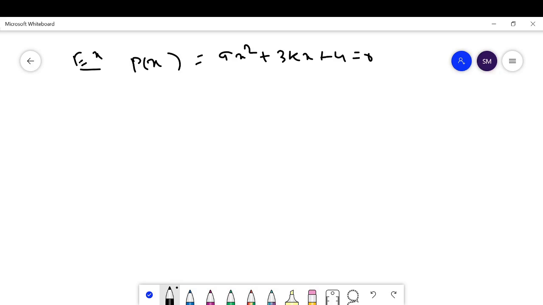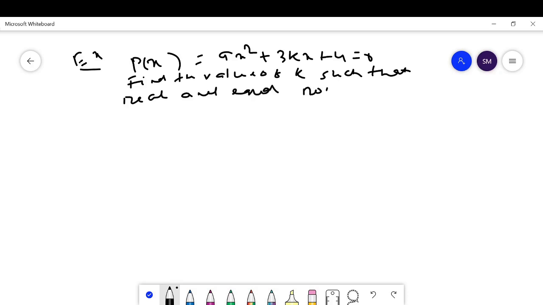Here also solve the equation to find the value of k such that the equation has real and equal roots.